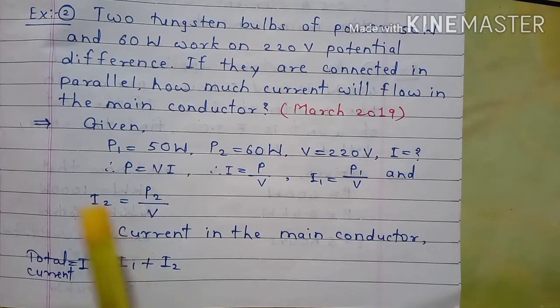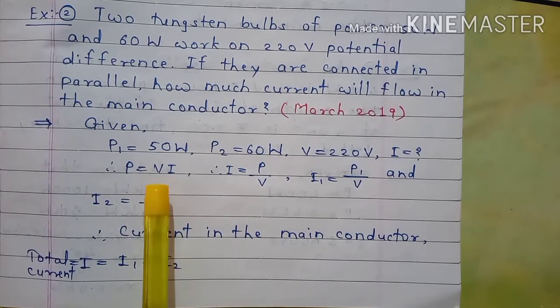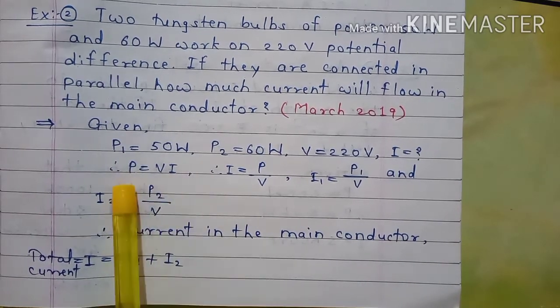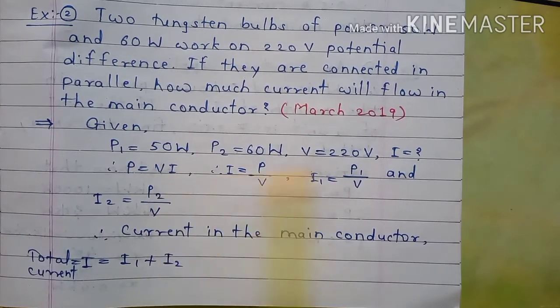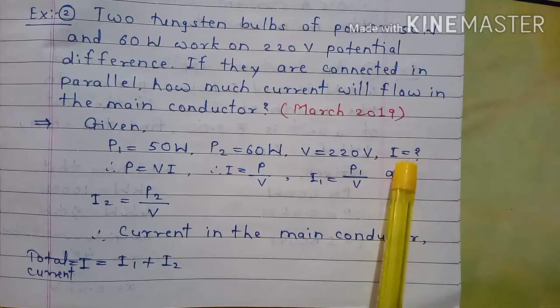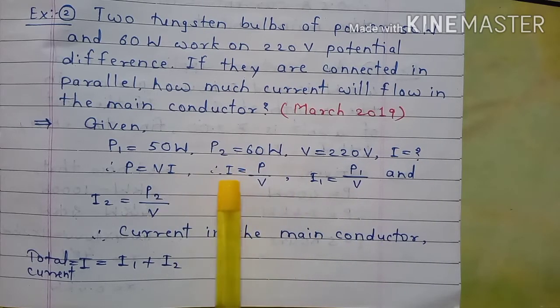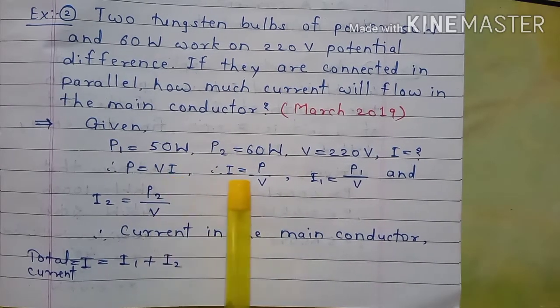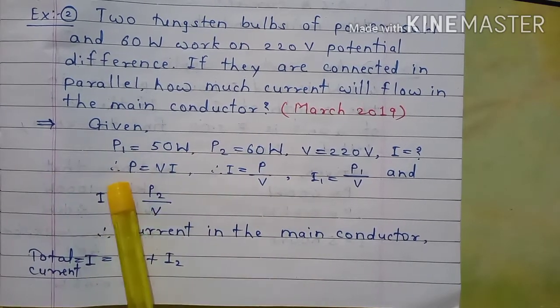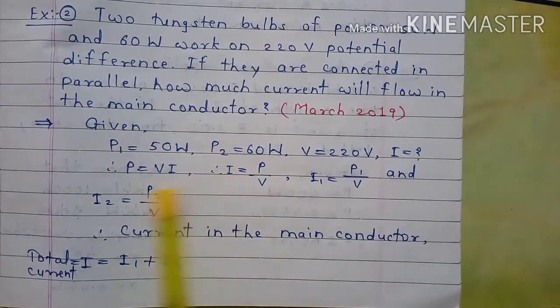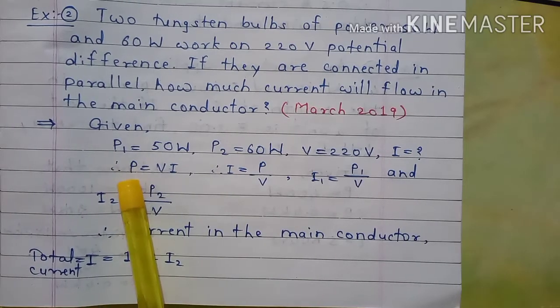Now we know the formula between power, potential difference and current, that is P is equal to V into I, that is power is equal to potential difference into current. So here we have to find out I, so we will convert this formula into I, that is here I will be as it is and this V will go to left hand side. So this multiplication will become divide.